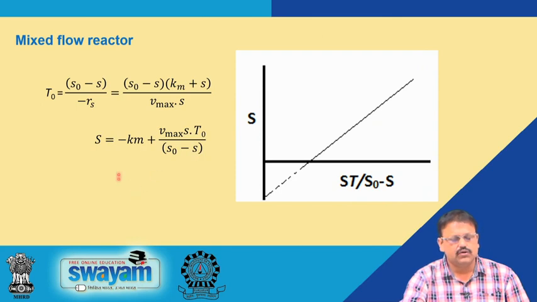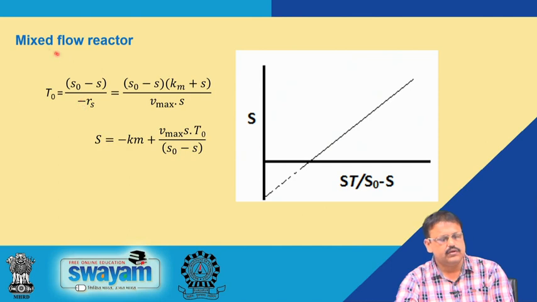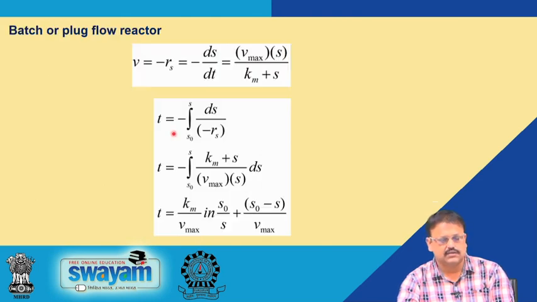Now if we plot S on the y axis and S tau by (S0 minus S) on the x axis, the intercept will be minus Km, and from the slope we can calculate Vmax. This way, for the mixed flow reactor, we can calculate the Michaelis-Menten constant and the maximum velocity, Vmax.